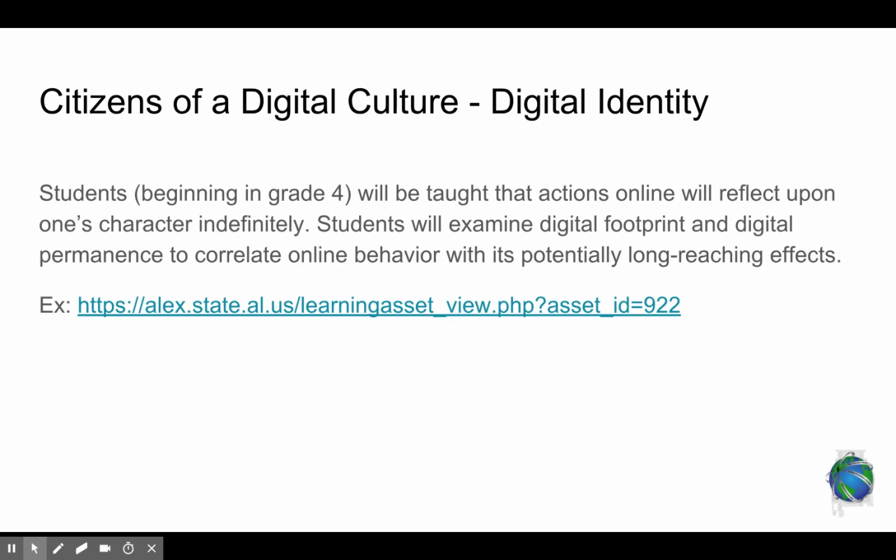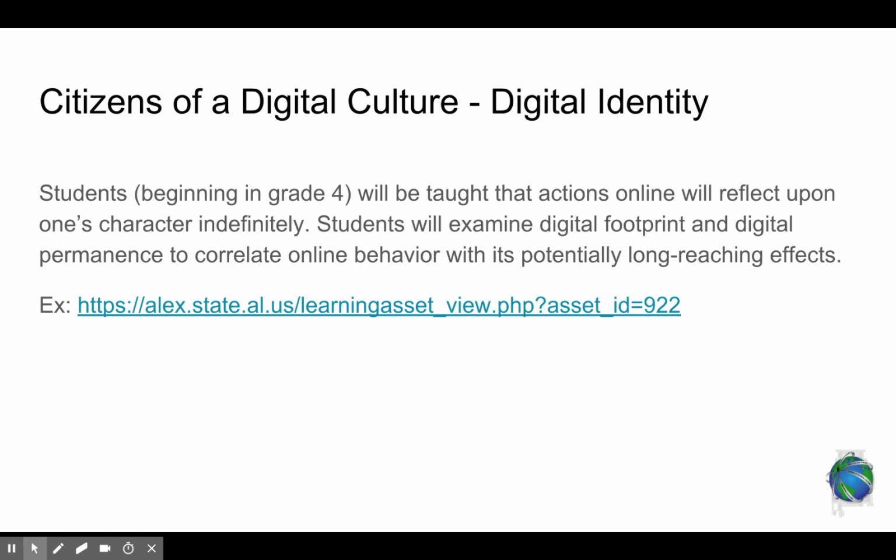Digital identity. Students need to understand that they have a digital identity. And while we'll talk about digital identity even in the earliest grades, beginning in grade 4, we really start to look at their digital footprint and digital permanence as an idea. Because even though students are not supposed to have social media accounts until age 13, we know that many do.